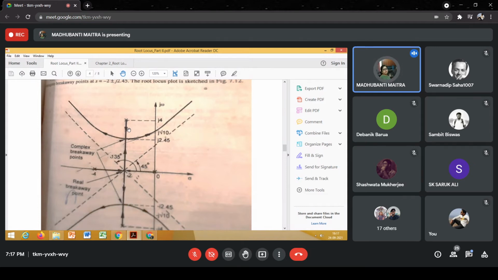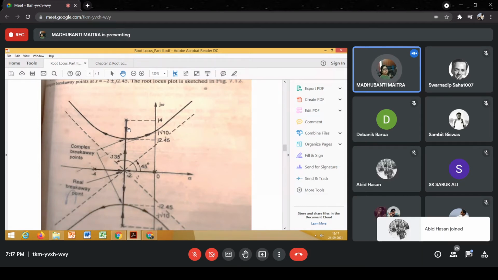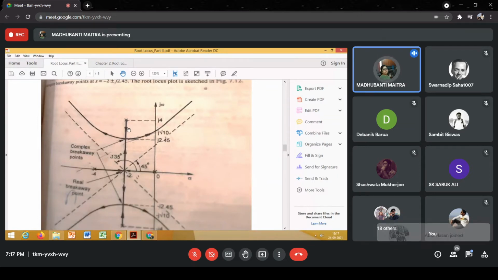So how do we find out in which direction, particularly for a complex open loop pole, the complex root branch will originate and will move, at least initially? Am I clear?